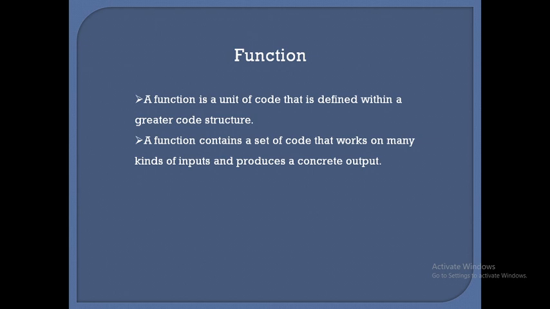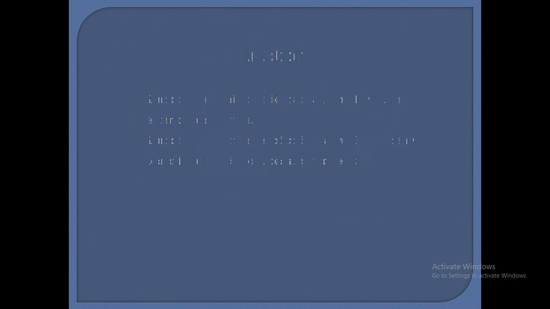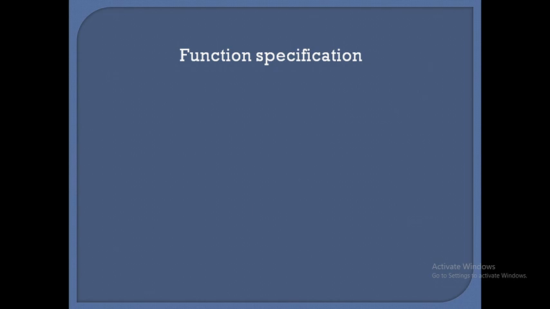When there is a necessity of repeated steps, we can use functions. Function specification. Let us consider the example a equal to 24. So the definition binds values to the name. Here the value 24 is bound to the name a.